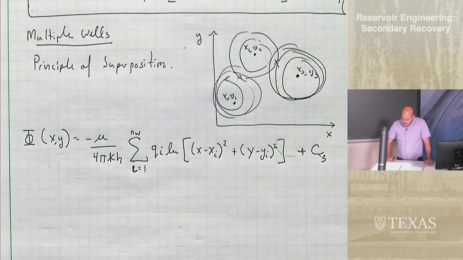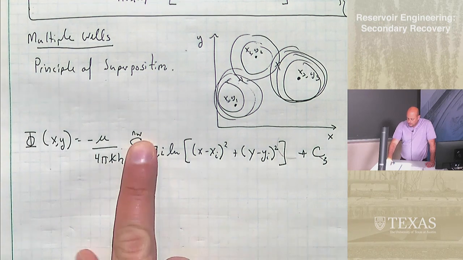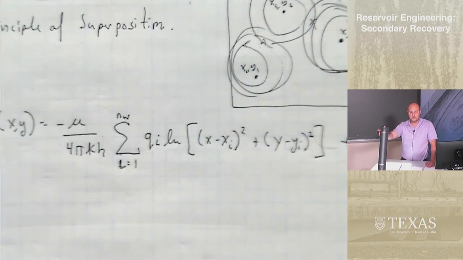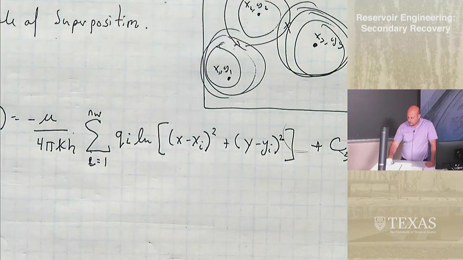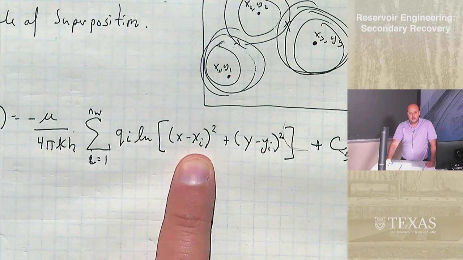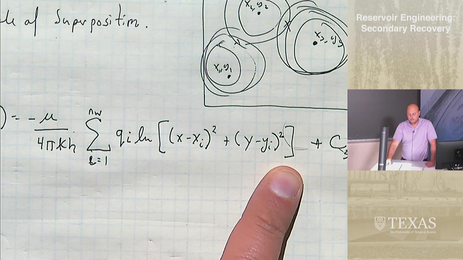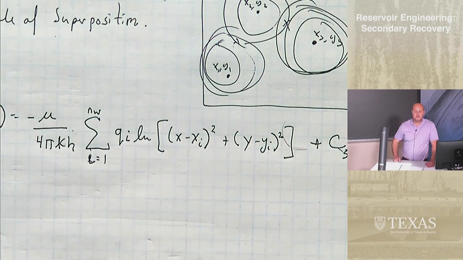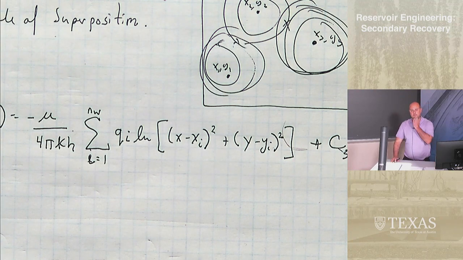So let me comment on a few things about this. We have multiple wells. So I said from i equals 1 to N wells. Could be 2 wells, could be 10 wells, could be 100 wells. And each of those wells has a different location, Xi and Yi. And then each of the wells could have a different rate, Qi.